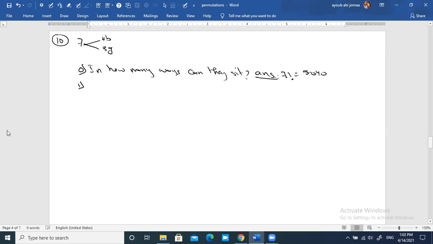طيب part 1 exercise. If the boys are next to each other and the girls are next to each other. يقعدوا boys مع بعض والgirls مع بعض.